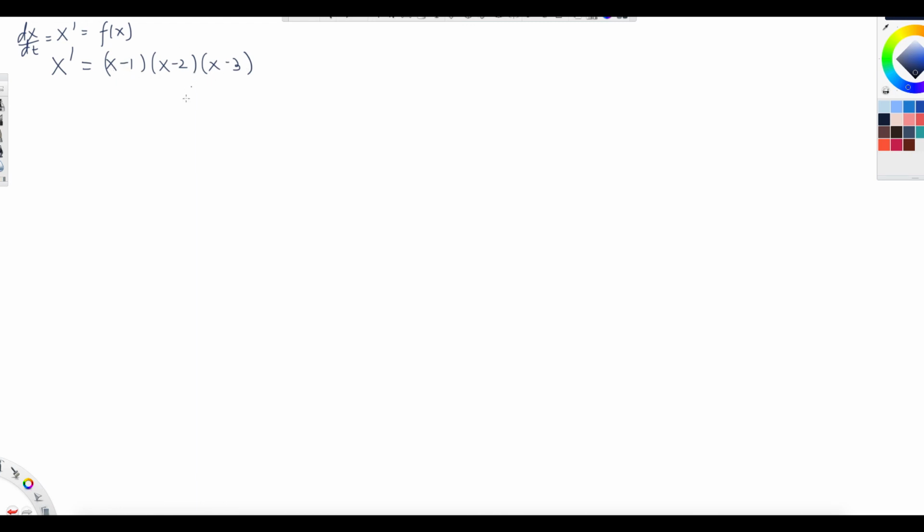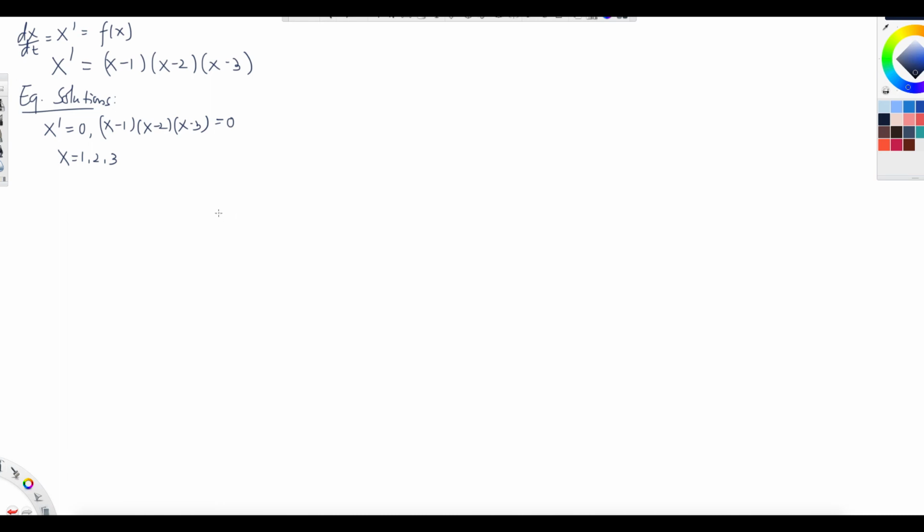Okay, so to find the equilibrium solutions, what we did is set x prime equal to 0 and find the values of x. So you get (x minus 1)(x minus 2)(x minus 3) equals 0. If you solve it, you get x equals 1, 2, and 3 as the equilibrium solutions.